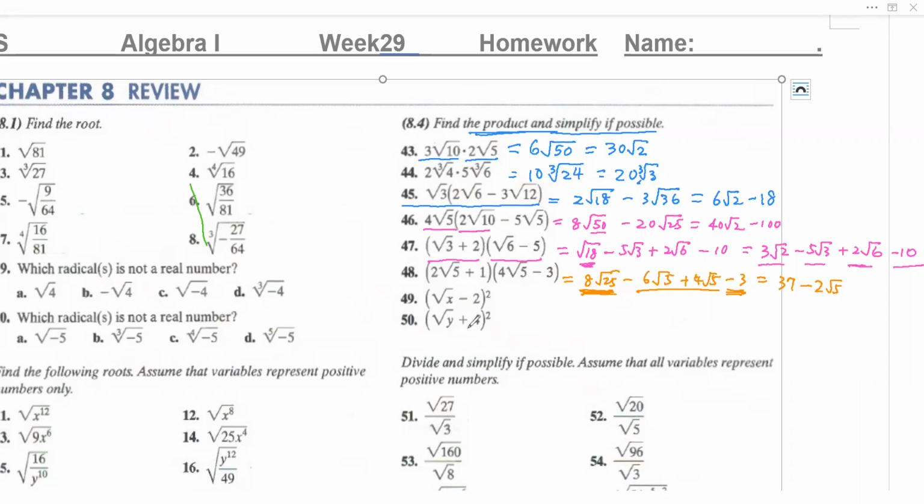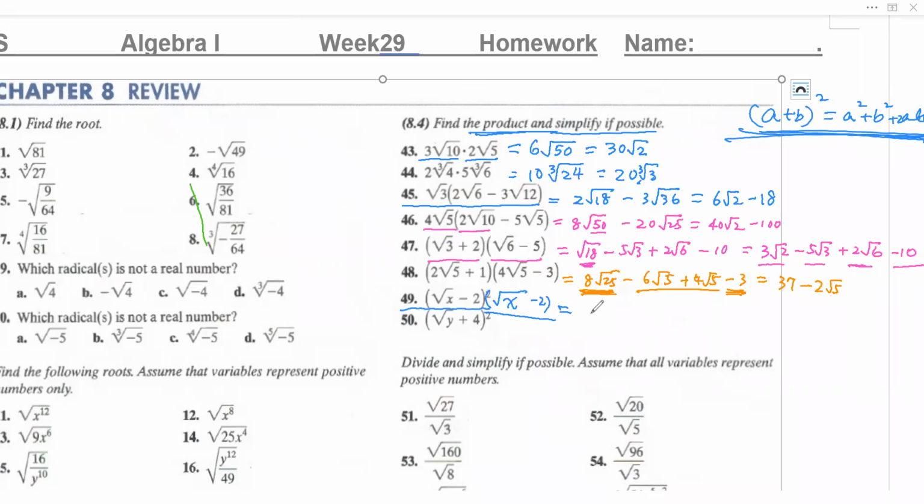All right, so move on to 49. It becomes something squared. Squared means we write it twice here, right? You know what we learned earlier, a plus b squared equals a squared plus b squared plus 2ab, right? Use this method.